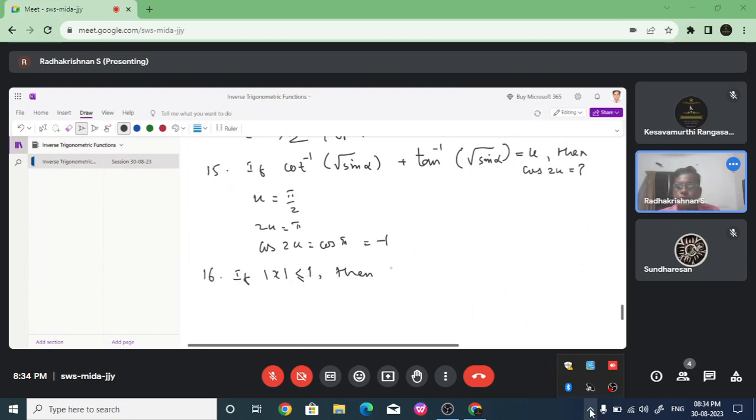Then determine 2 tan inverse x minus sin inverse of 2x by 1 plus x square.